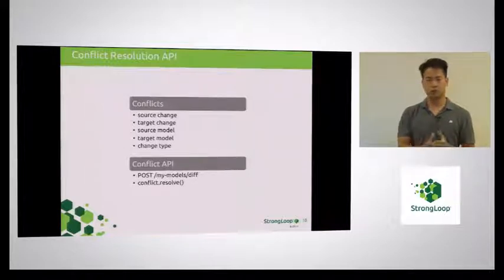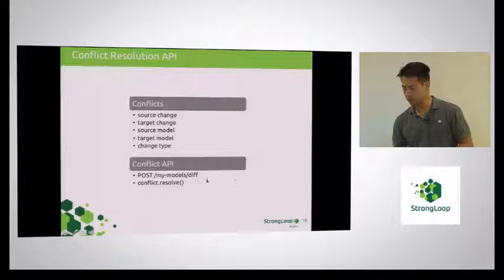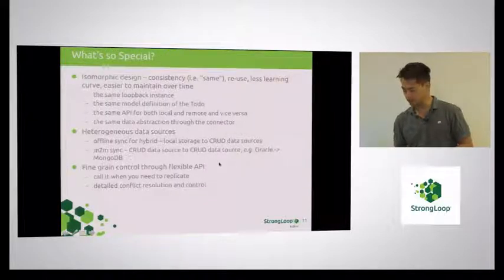Your source is relative to your point of view, and you're able to then resolve what the conflict is between the two by comparing the values of what source and target need to be and setting your conflict model to being that change. And finally, being able to resolve the conflict by posting in what the diff is.